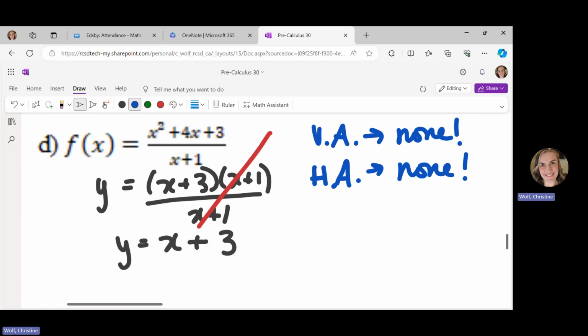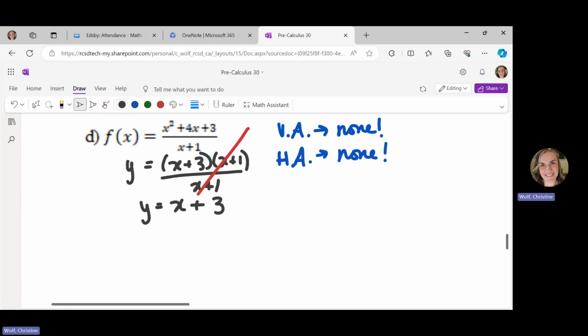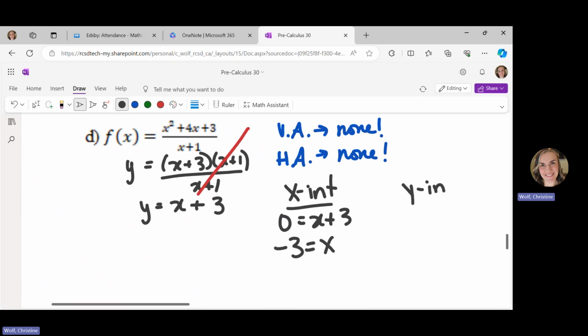Got it? Okay. My x-intercept very quickly, because it asks us to do that in the instructions. Set y equal to 0, 0 equals x plus 3. You have an x-intercept at x equals -3. Your y-intercept, don't do any work. We know that y equals mx plus b gives us the y-intercept, which is the b value.